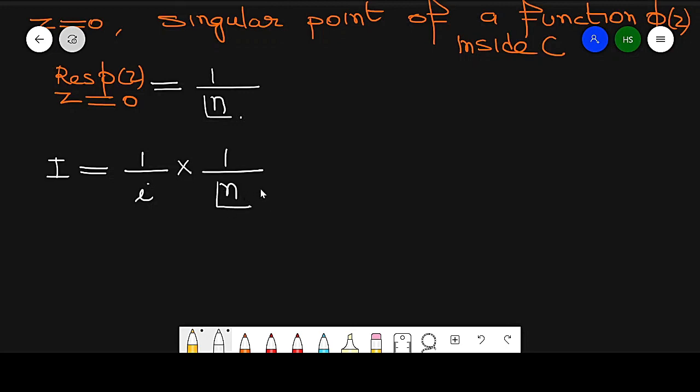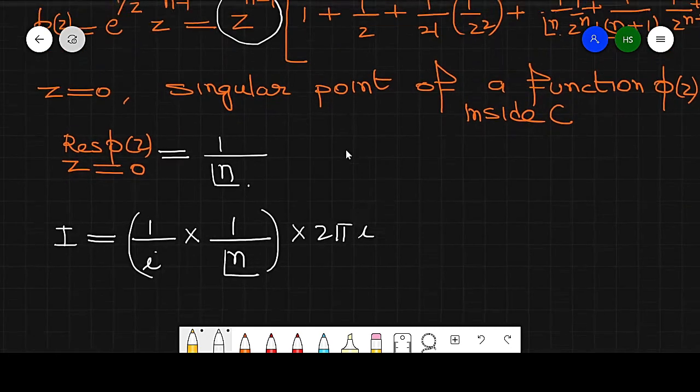So this is the residue, and 1 by iota into n factorial is multiplied by 2 pi iota.